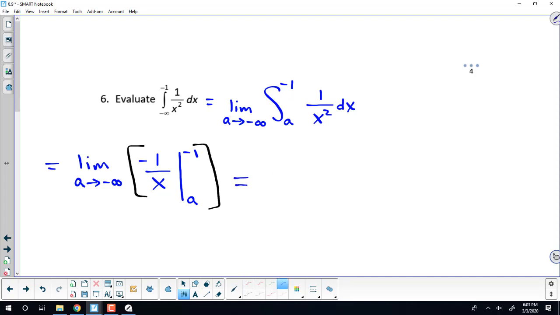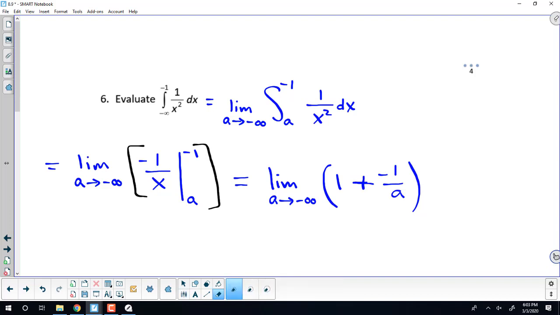So still the limit here. Plugging in negative 1, we get 1. And plugging in a, so f of b minus f of a. And then we're going to compute the limit as a approaches negative infinity. So what happens here?